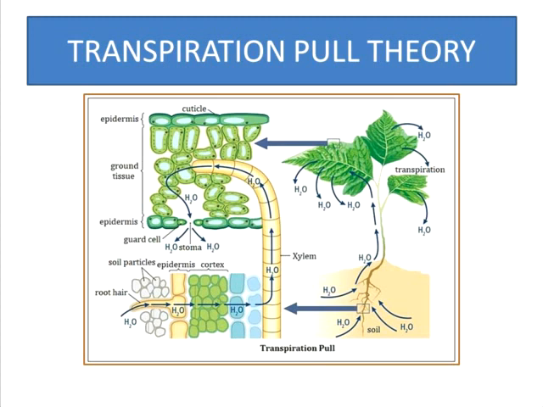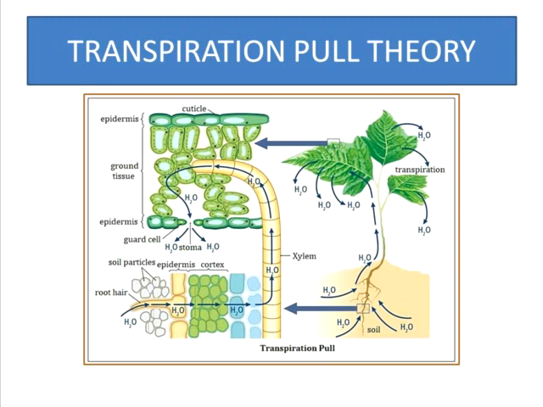Thus, this theory strongly suggests that the cohesion of water and transpiration pull are responsible for the upward movement of sap in plants. Cohesion and tension theory is the most acceptable theory in explaining the ascent of sap.